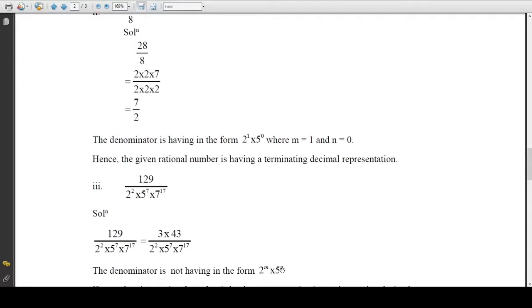Then what can we say? That the decimal representation of this given rational number is non-terminating but repeating, because it is not in the form 2^m × 5^n. Clear?